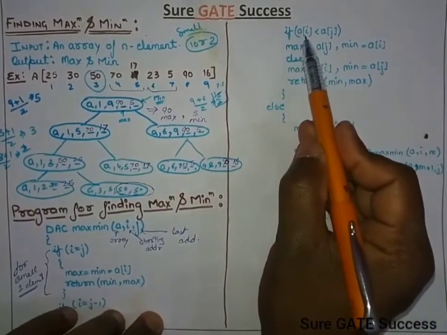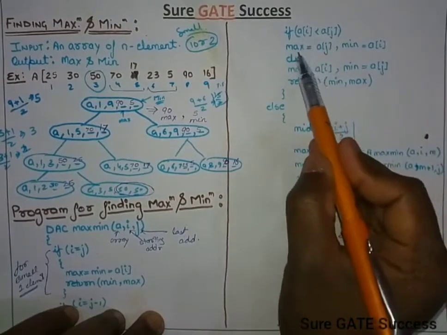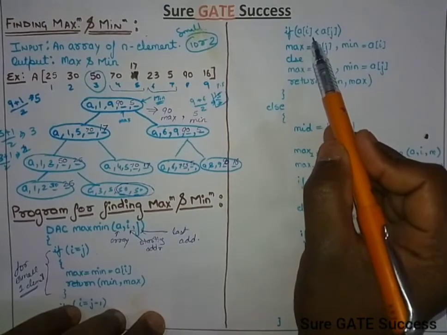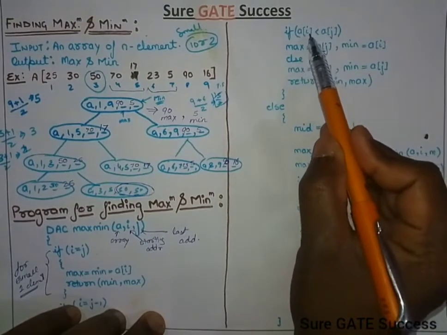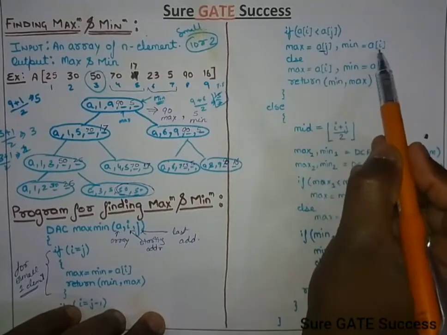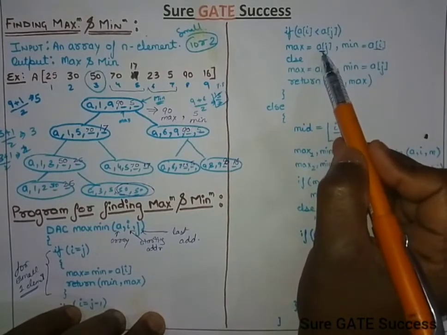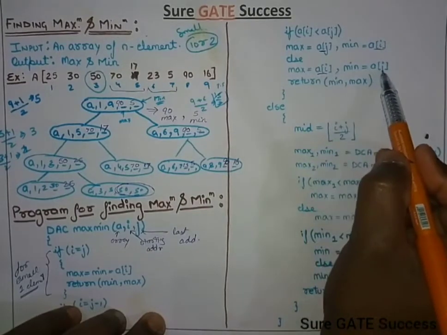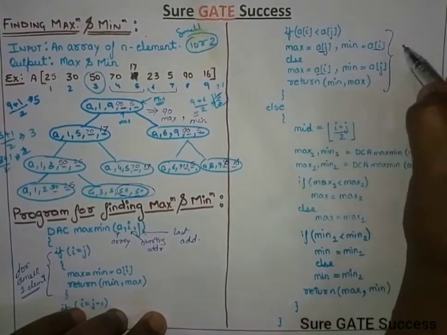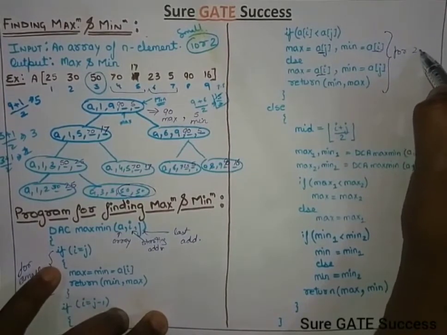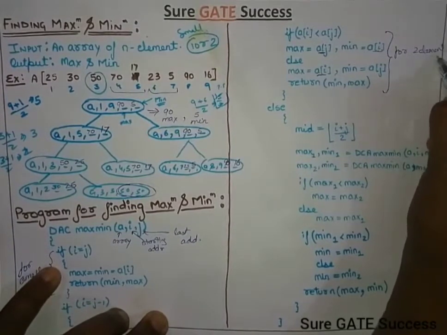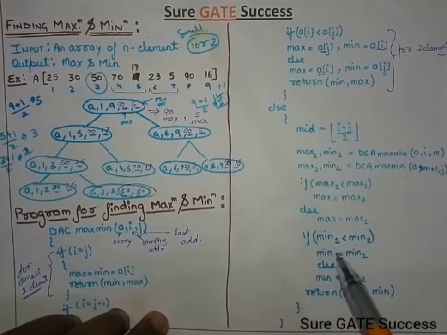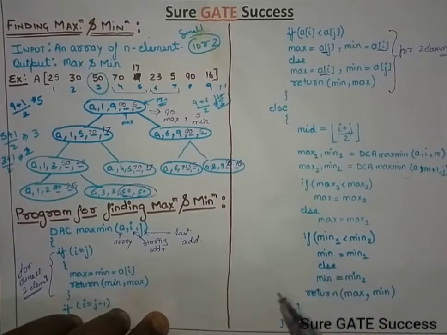If ai is smaller, then ai will be the minimum and aj will be the maximum. If it is not so, then ai will be the maximum and aj the minimum. This is for two elements.